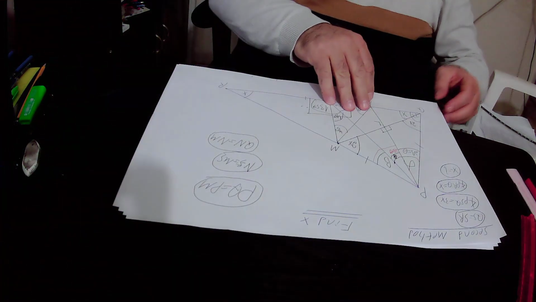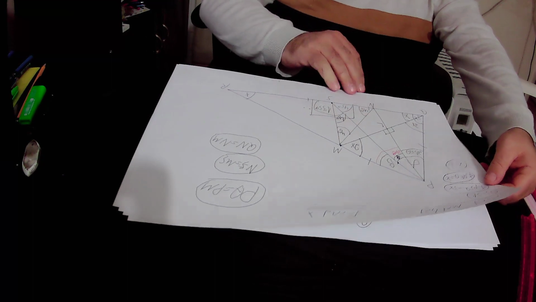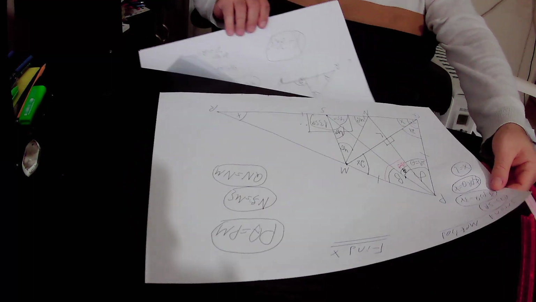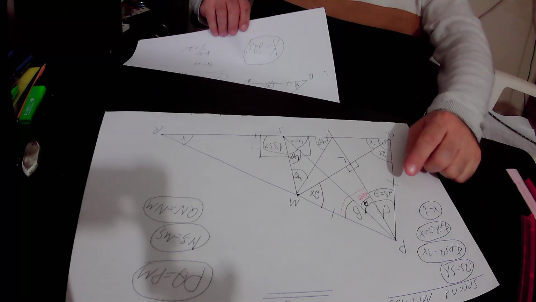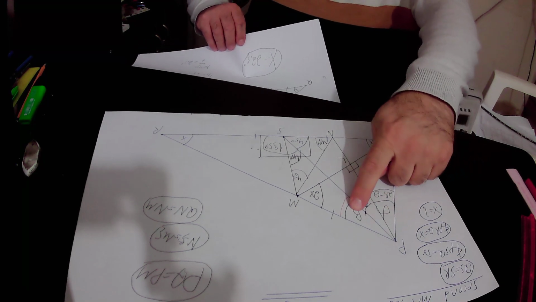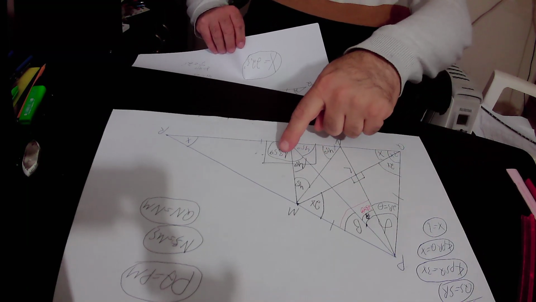In the second method, we defined this angle as alpha, this angle as beta, and this angle equals 135 degrees.